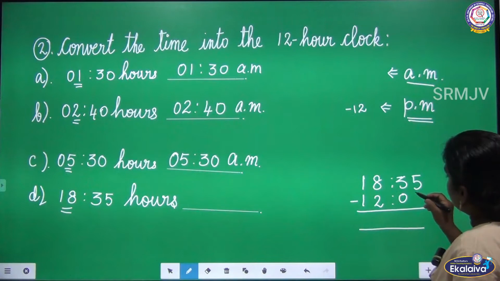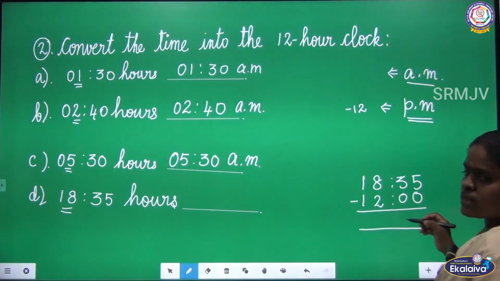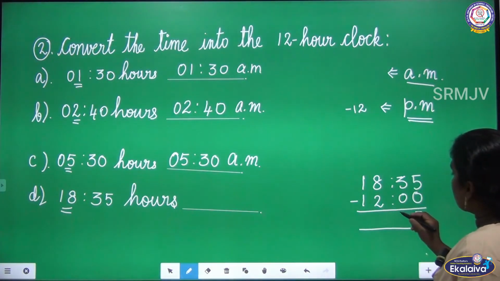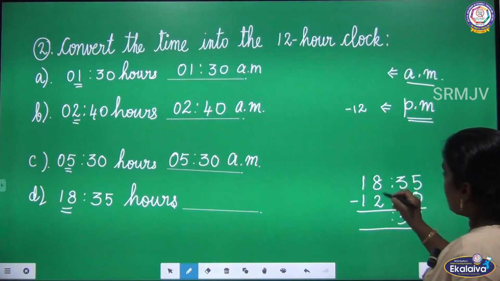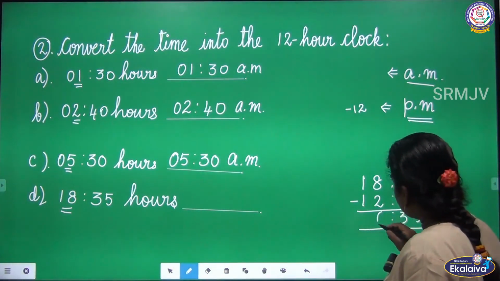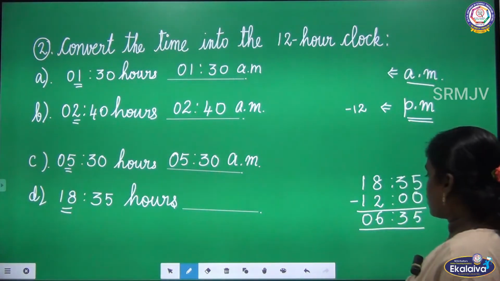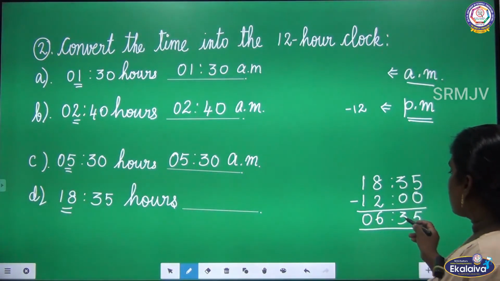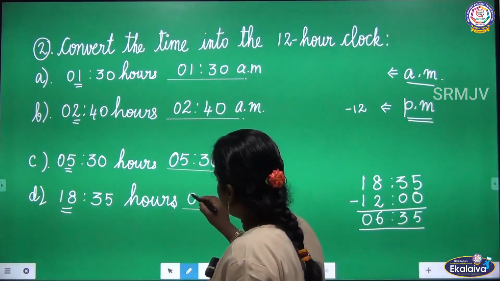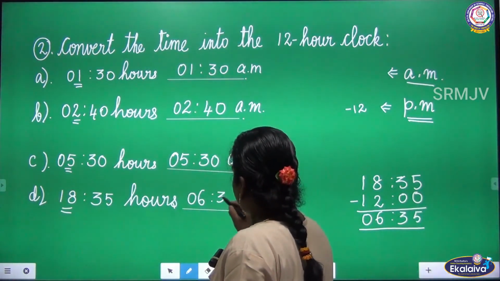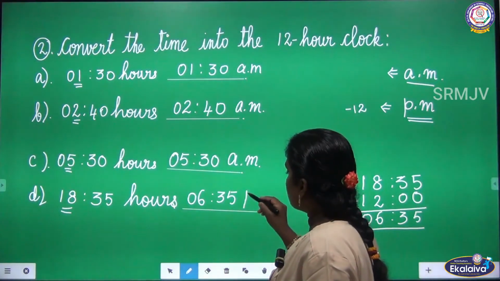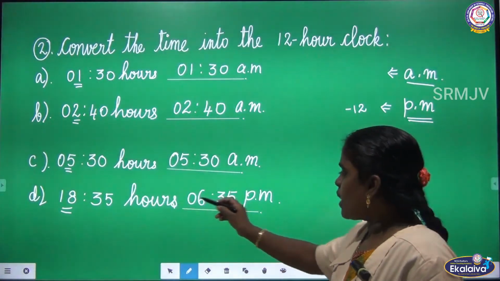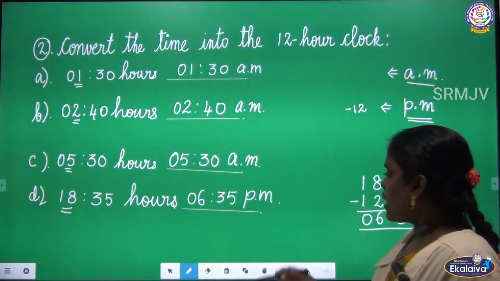So in minutes place we can write 0. Look at the subtraction. 5 minus 0, 5. 3 minus 0, 3. 8 minus 2, 6. And 1 minus 1, 0. So if you subtract 12 from the given number, you will get 6:35. And you have to use the period PM. So 18:35 hours equals 6:35 PM.